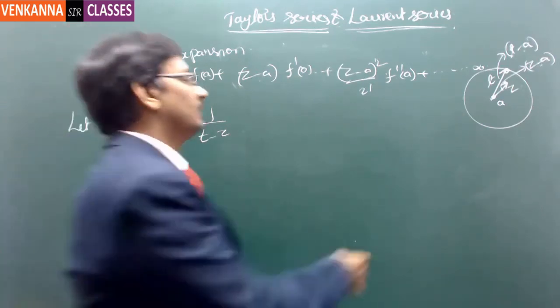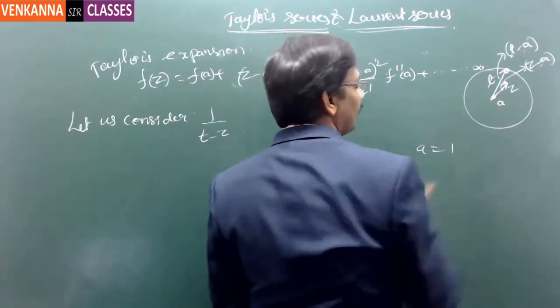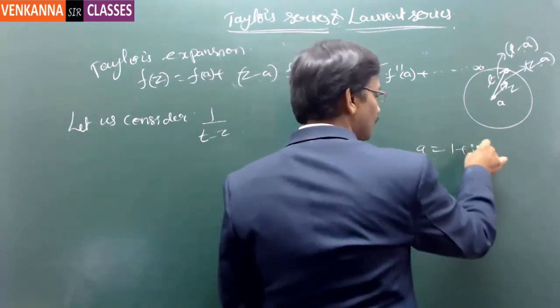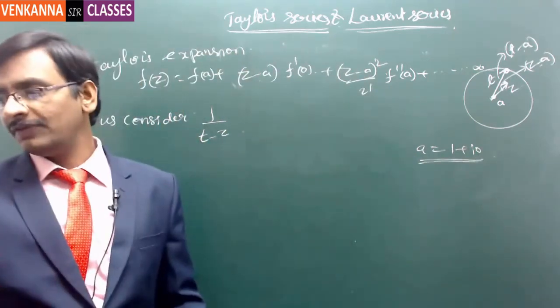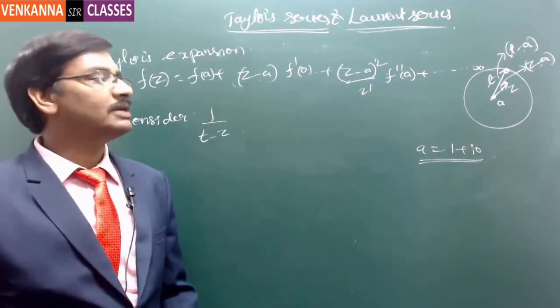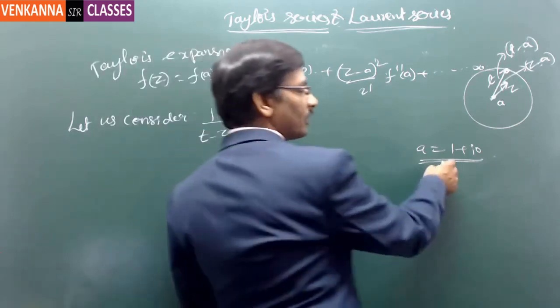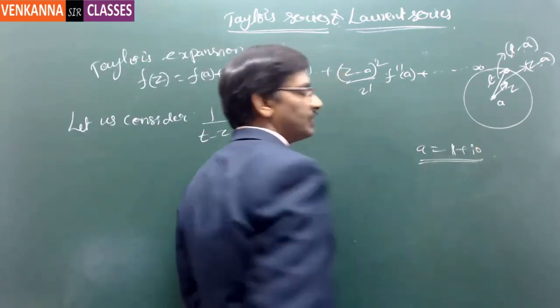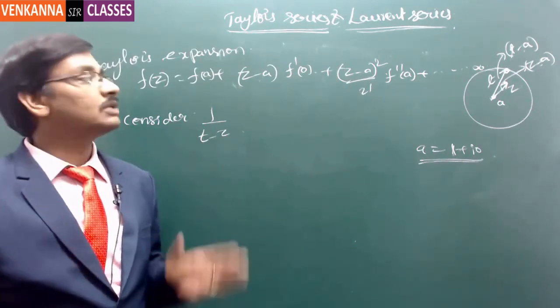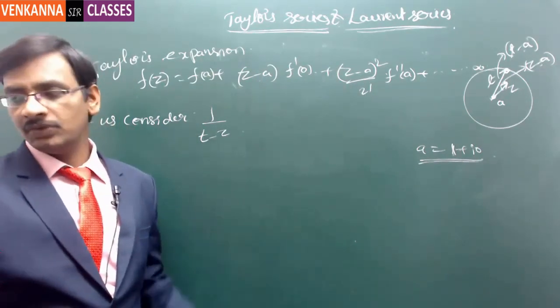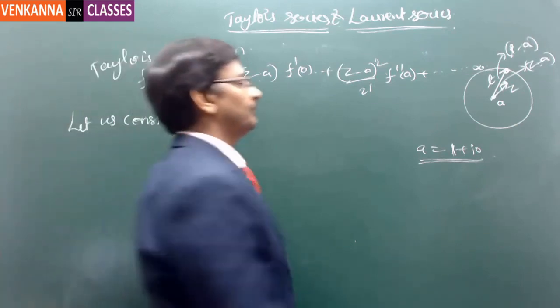Even if a is equal to 1, then ideally a is equal to 1 plus i0. This is how it is treated. Even if a is equal to 1, ideally it should be treated as real, but we say this is a complex number by taking 1 plus i0. So you can always think of complex constants or complex variables. That's why the topic name is complex variables.